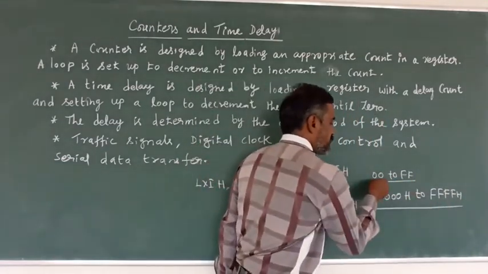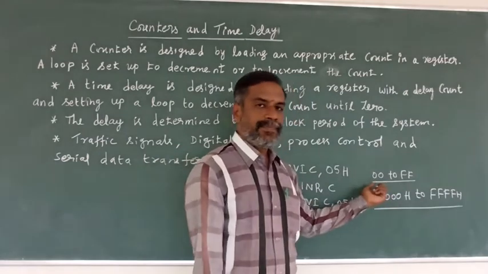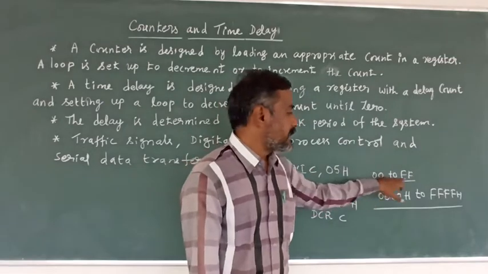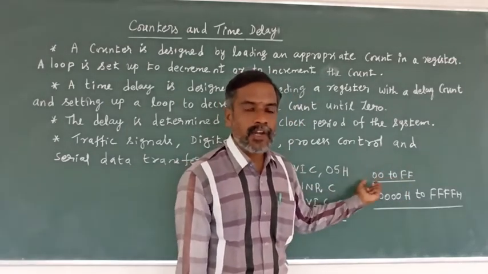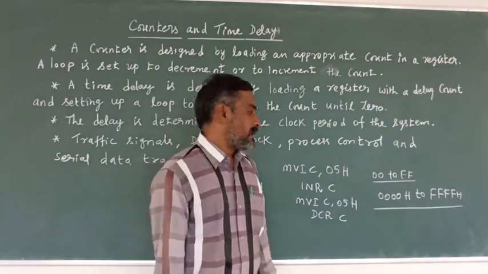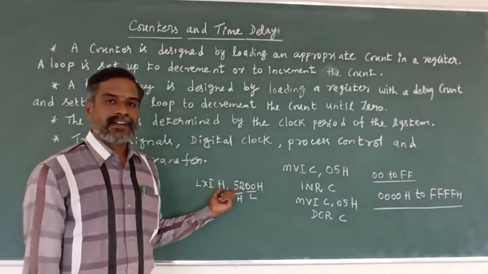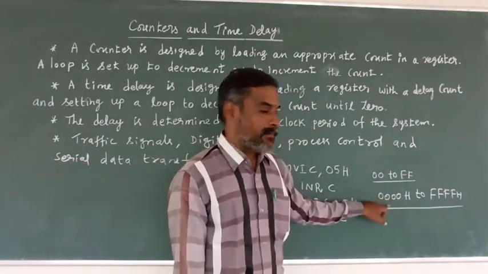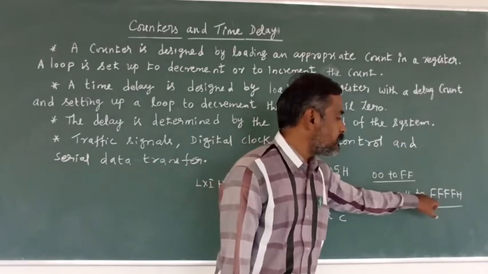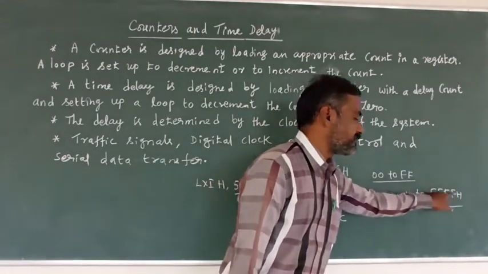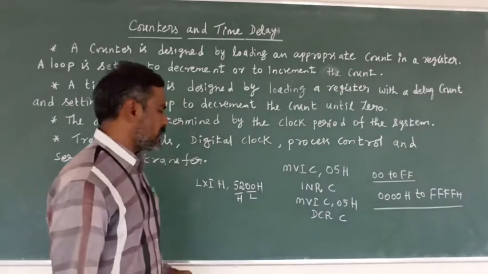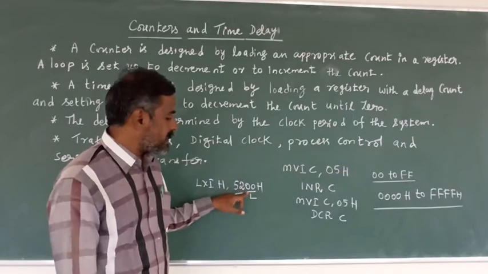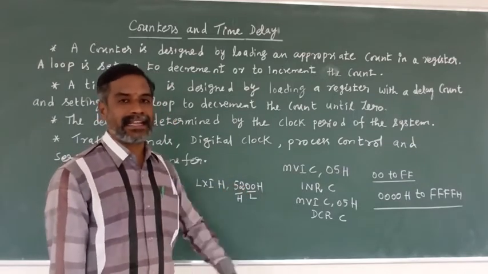This is the minimum and this is the maximum value we can load in a register pair. Now to load some data in a register pair, and then to decrement or increment the register pair content.